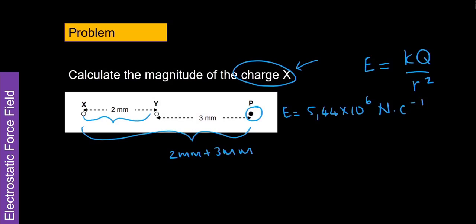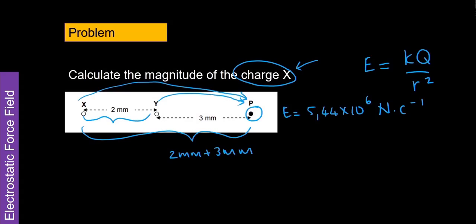If we look at this situation, we can see that charge Y is going to influence P. We also know that charge X is going to influence that point at P. So both of them are going to have an effect at that point where P is.